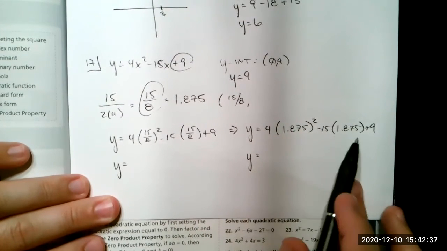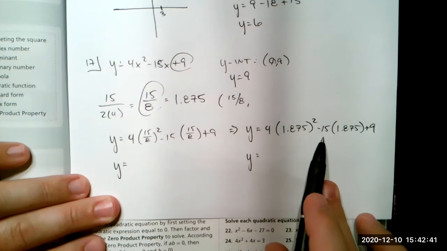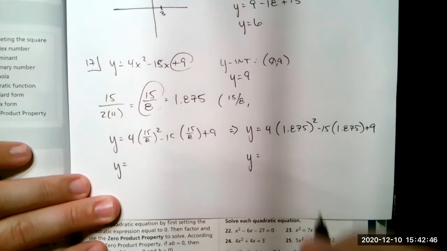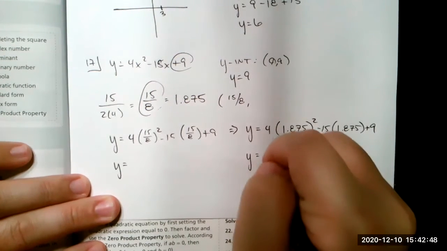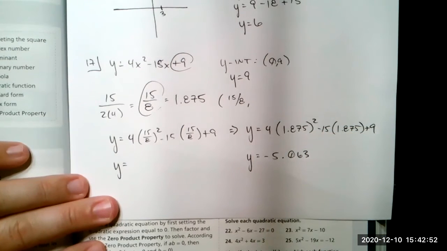Again, type that in a calculator, do it by hand. 1.875 squared, multiply it by 4, negative 15 times 1.875, then add and subtract from left to right. You should get negative 5.063. So kind of some nasty numbers here, but that's okay.